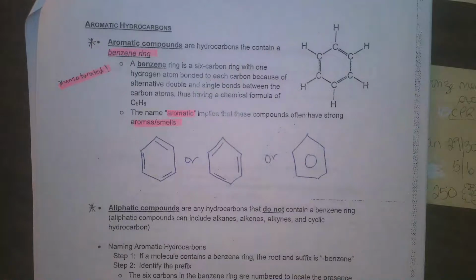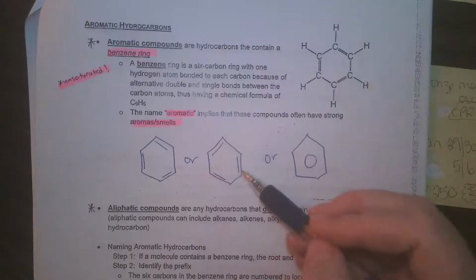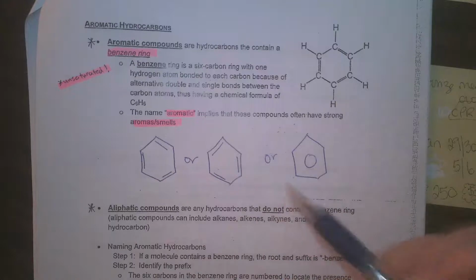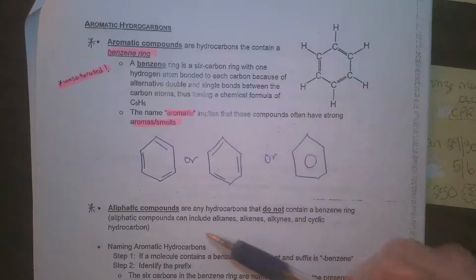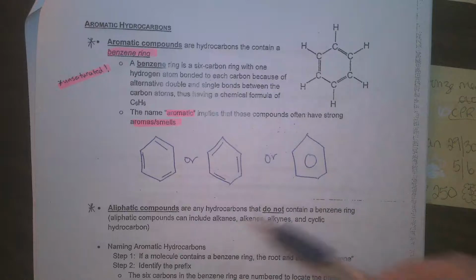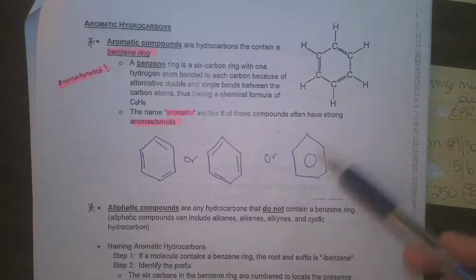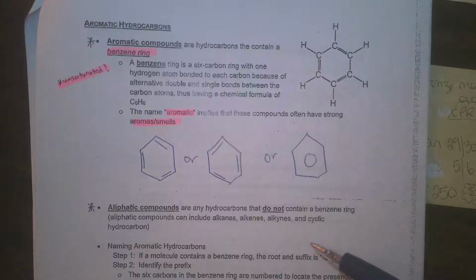So here's how we differentiate between an aromatic and a non-aromatic. An aromatic has the maximum number of double bonds it can have. An aliphatic hydrocarbon is not a benzene ring. So alkanes, alkenes, alkynes, and cyclic hydrocarbons, they're aliphatic. Anything else would be an aromatic.